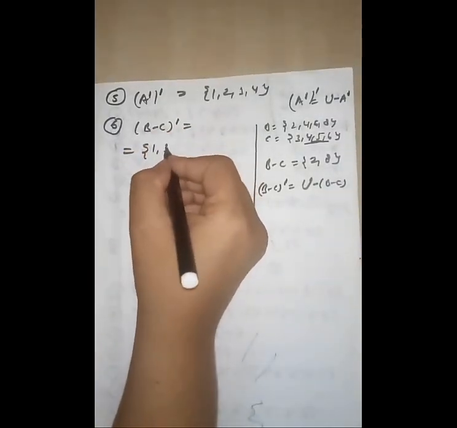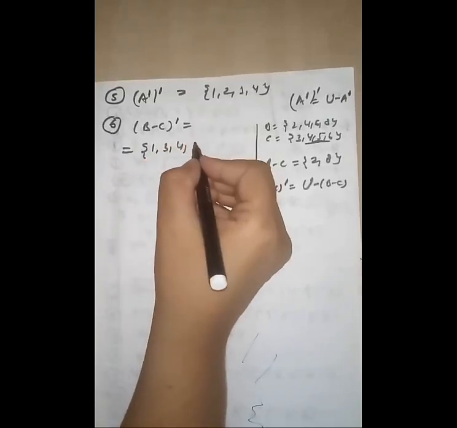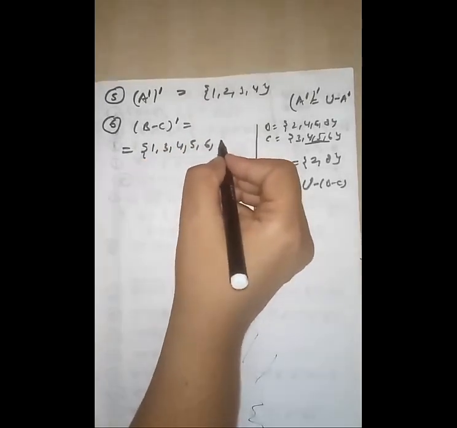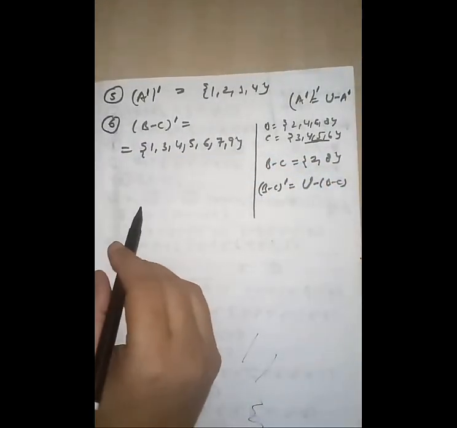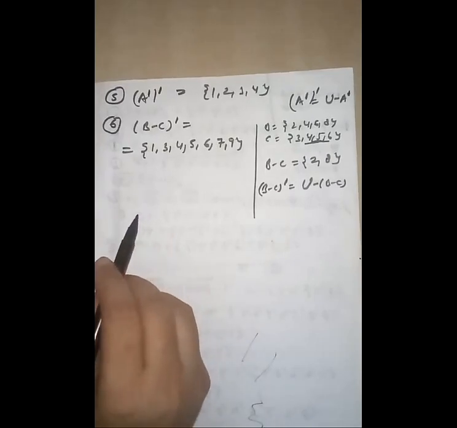So you can have 1, 3, 4, 5, 6, 7, don't take 8 and 9, and these are the elements of B minus C complement.